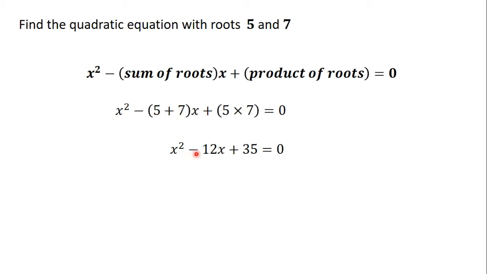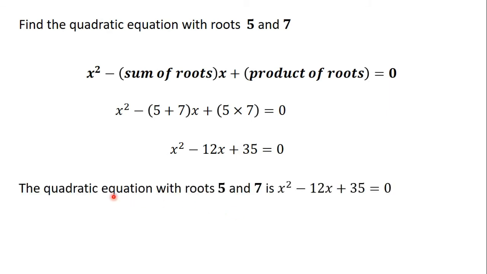So you have x squared minus 12x plus 5 times 7 is 35. So plus 35 is equal to 0. So the quadratic equation with roots 5 and 7 is x squared minus 12x plus 35 is equal to 0. You can see that it's very, very simple. Let's move on to the next example.